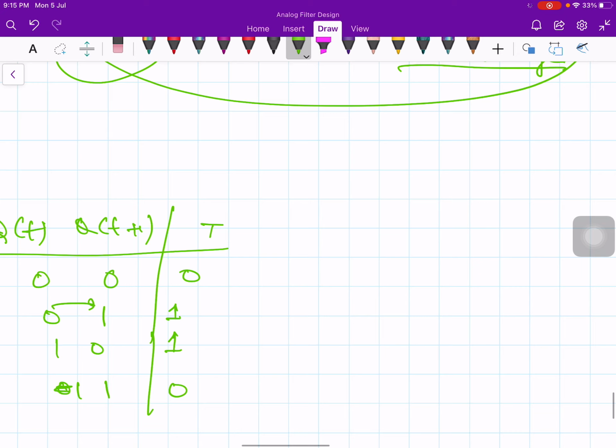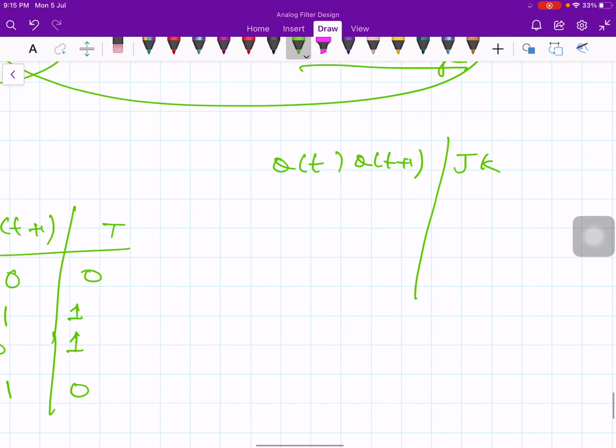Similarly for the JK flip-flop, Q of T plus 1 and JK. 0 to 0, no change. So no change means it will be 0 0 or 0X. 0 to 1 sets the flip-flop. Therefore J must be 1 and K must be 0 or 1.